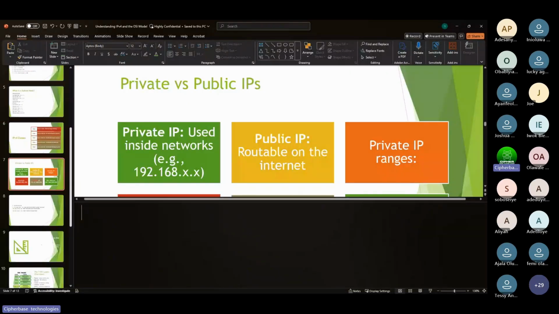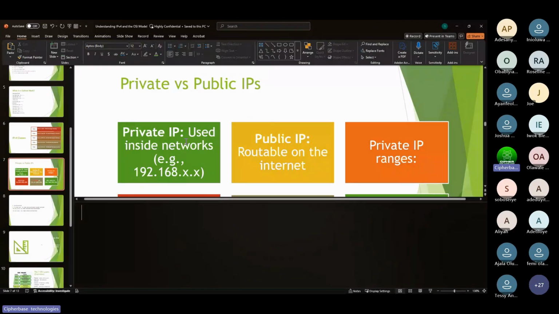So now, these IPs never go directly into the internet. That is, private IPs, you can never see them on the internet. That's what I was saying when we started. If you are a hacker targeting a company, or you want to carry out a pen test, and you are using your own private IP to carry out that pen test, that means you don't know what you are doing.